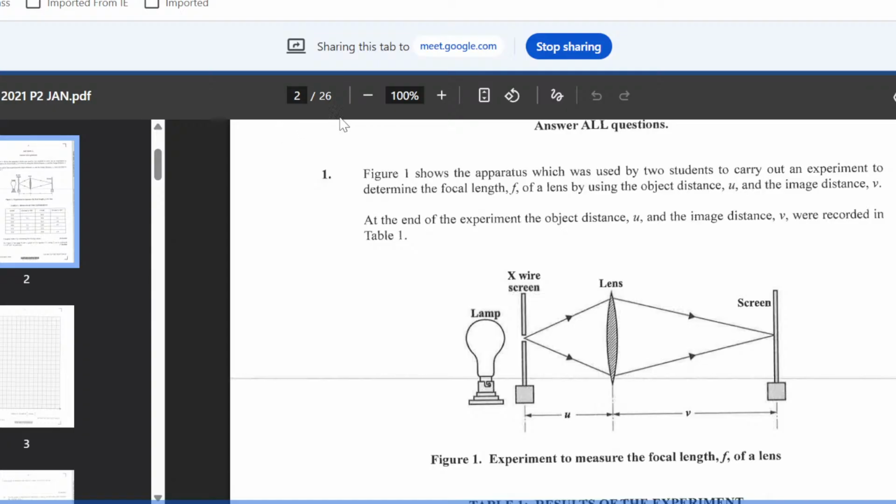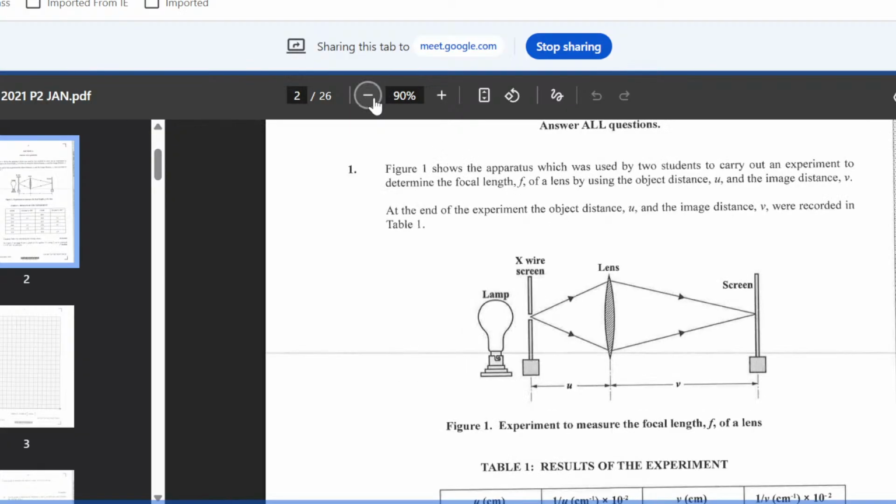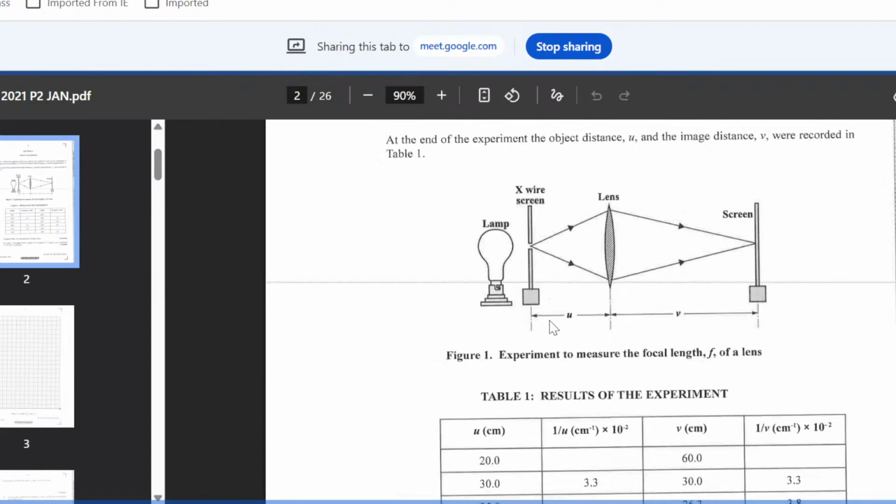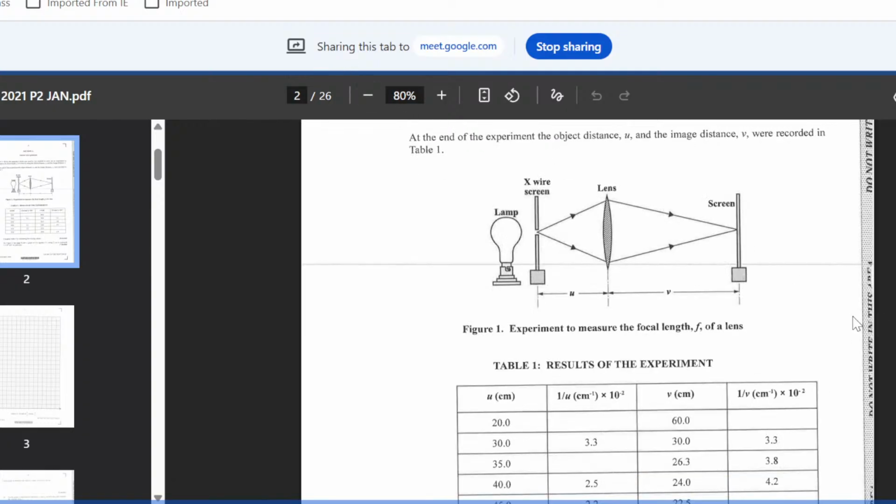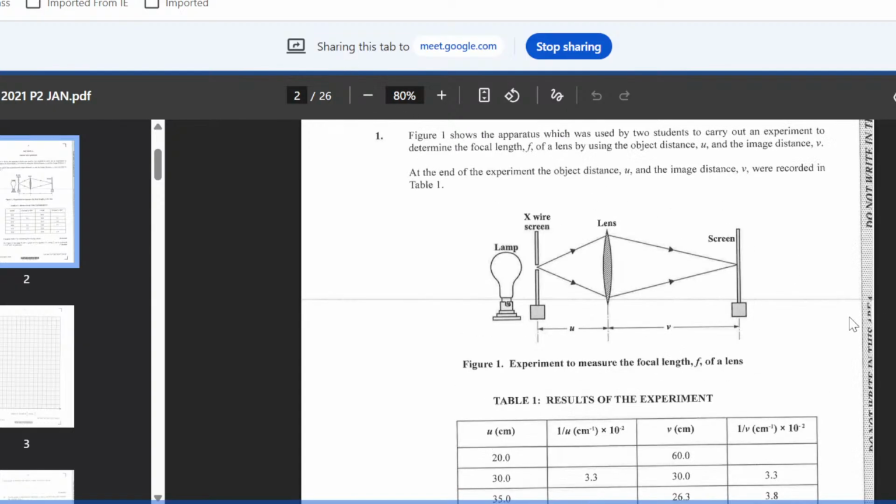In this case, here's an example where they had to fill out tables, and it was a lens question, the same as the graph question.